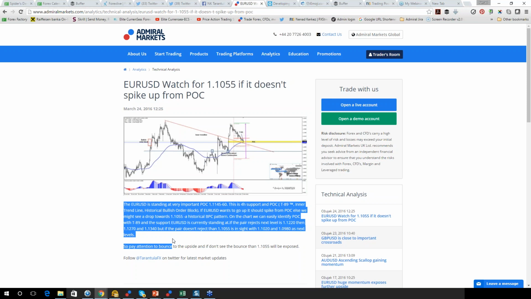So yes, 95% thought it would go down, but definitely EUR/USD was a good trade from Friday, and I hope that you made some pips. Because guys, even now at this moment, our trade is like 55, 59 pips in profit.